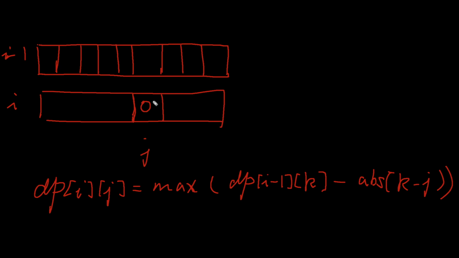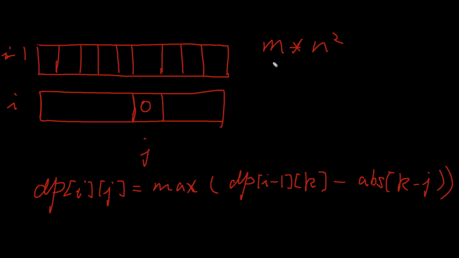to loop through everything, the time complexity for this one is what? We have m rows, and for each row we have to populate n columns, and for each column we have to loop through the entire previous row, which is n squared.